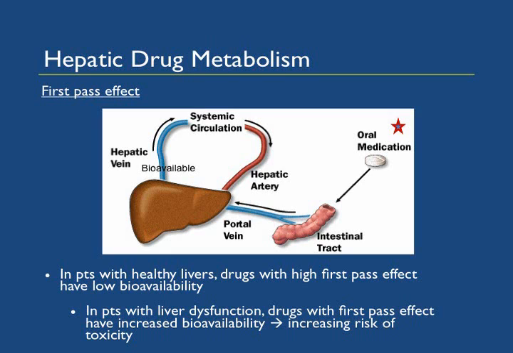Therefore, after hepatic metabolism, only a portion of the drug is actually bioavailable. In patients with healthy livers, drugs with a high first-pass effect have low bioavailability. However, in patients with liver dysfunction, drugs with first-pass effect have increased bioavailability, which increases risk of toxicity.